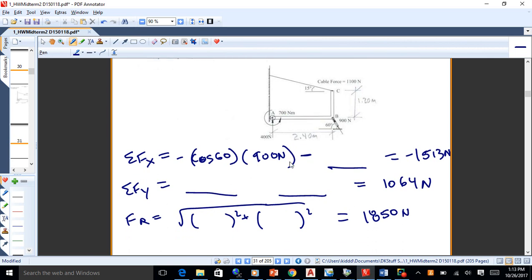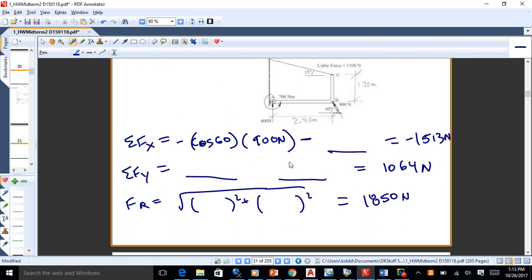And then you can find the angle as well. So the angle will be based on doing the arctan stuff, okay? Now watch the direction on this one, on the angle.